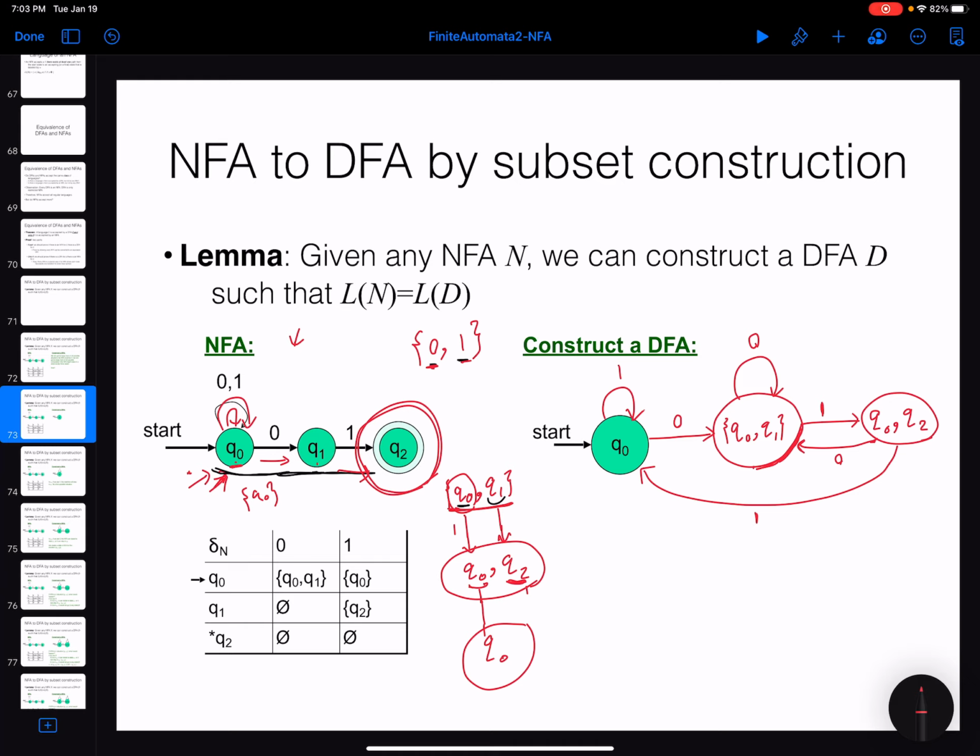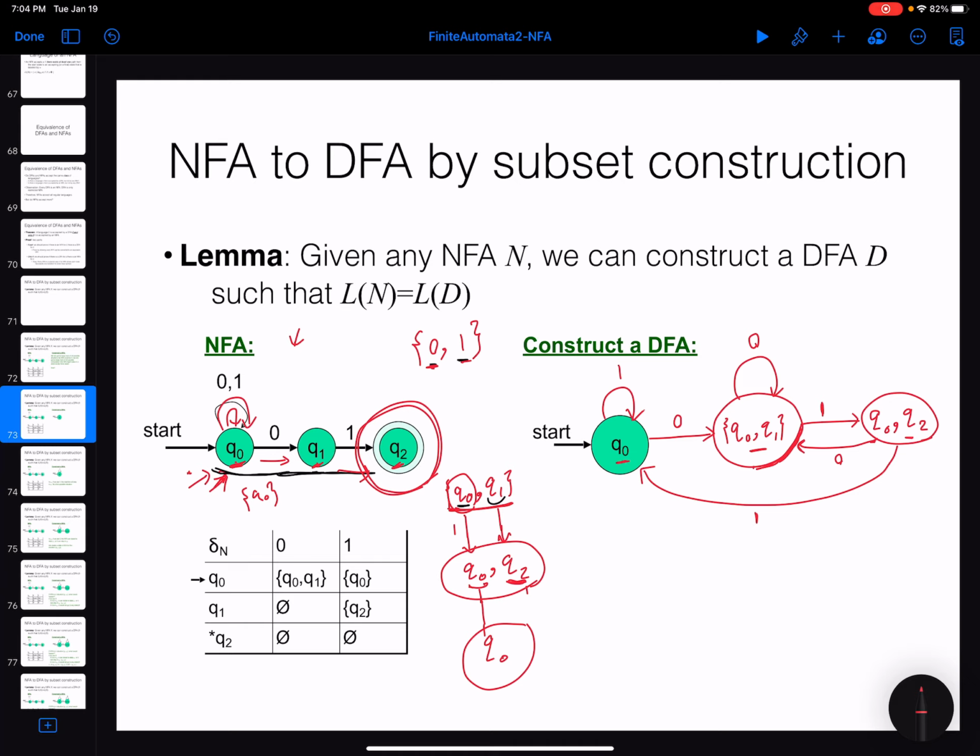Do I need any other state in my DFA? No. Although all the possible situations that I can be in are all the subsets of the states Q0, Q1, and Q2, only these 3 subsets are feasible for me, and they are enough to create the equivalent DFA.